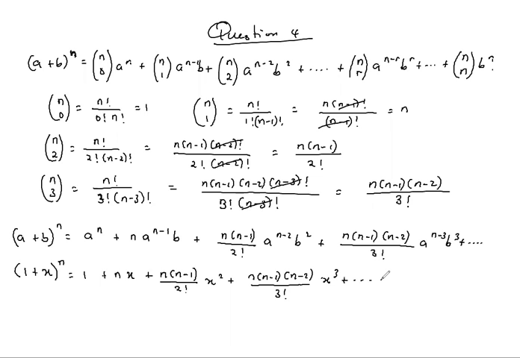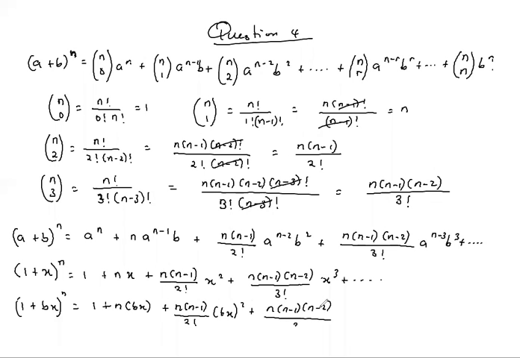So that if where there is x here, we have bx, then we have 1 plus n bx plus n(n minus 1) over 2 factorial (bx) squared plus n(n minus 1)(n minus 2) over 3 factorial (bx) to the power 3.